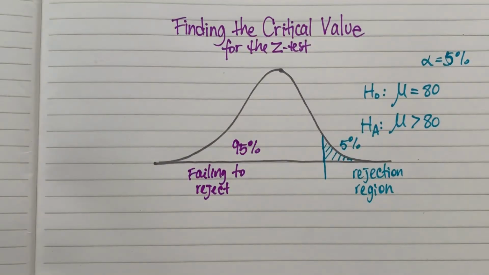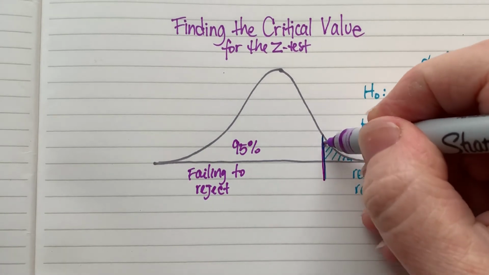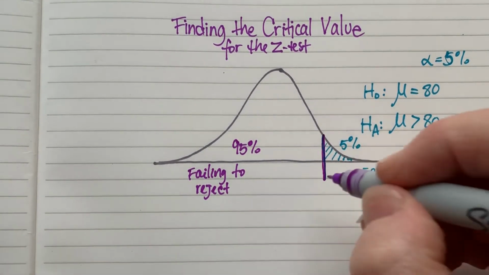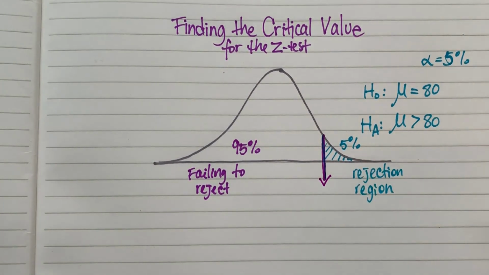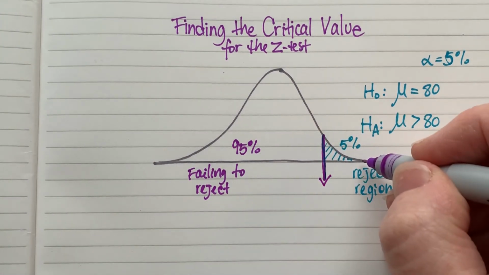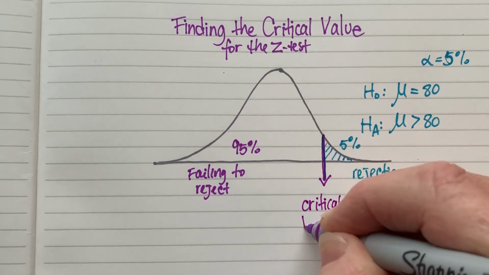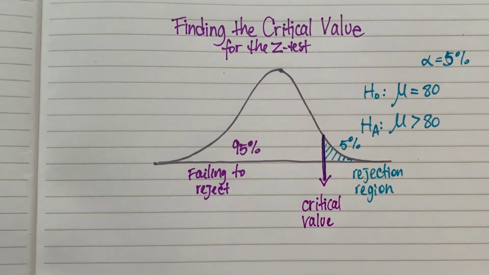So this line over here is going to be my critical value. This is what separates the non-critical region from the critical region. This is the critical value, or the cutoff value if you'd like.